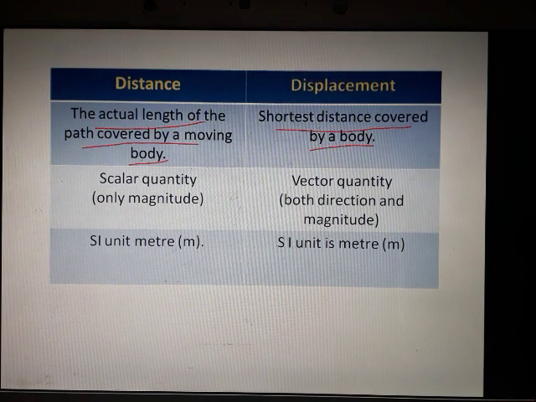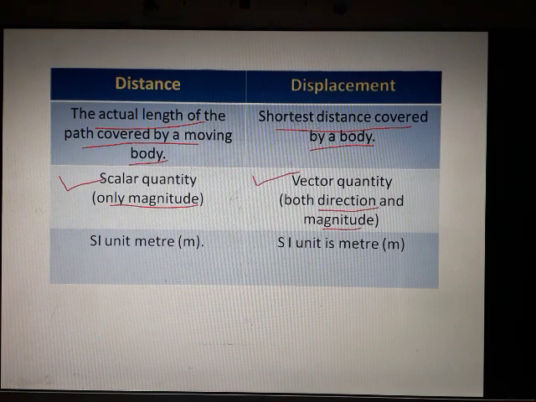Now one more important difference: distance is a scalar quantity, whereas displacement is a vector quantity. Now what are scalar and vector quantities? Scalar quantity means you can represent that quantity only with magnitude, that is a number, whereas vector quantities are those quantities where you require both direction and magnitude to represent.